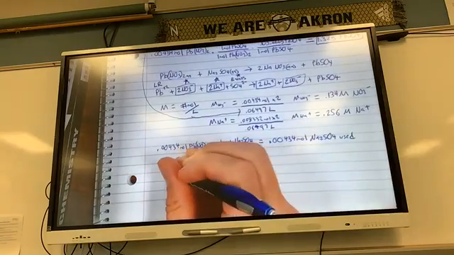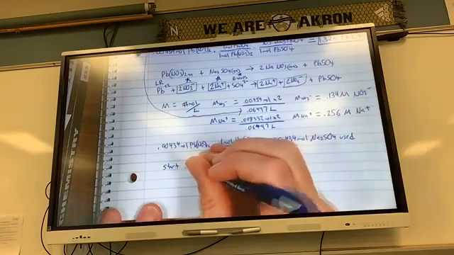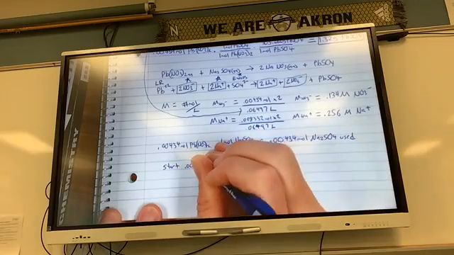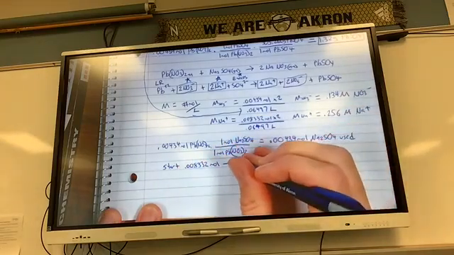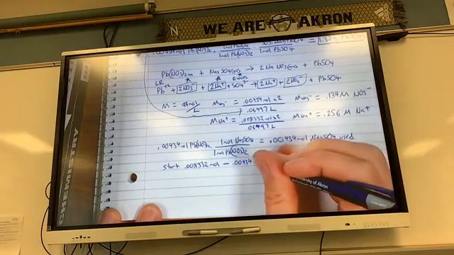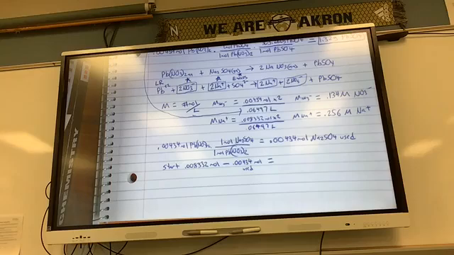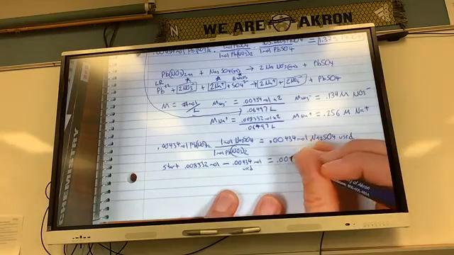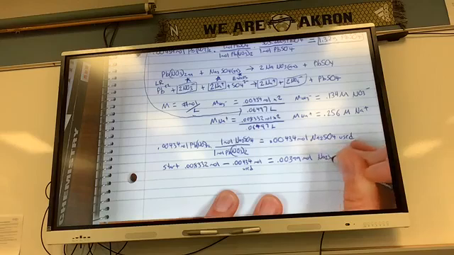So I started with this much up here: 0.00832 moles minus what I used, 0.00434 moles used. That will give me my excess. Subtract that, what do you get? 0.00399 moles of Na2SO4 excess.